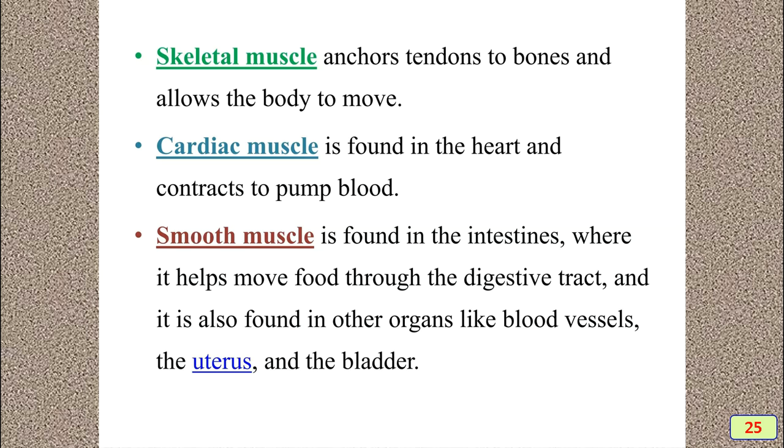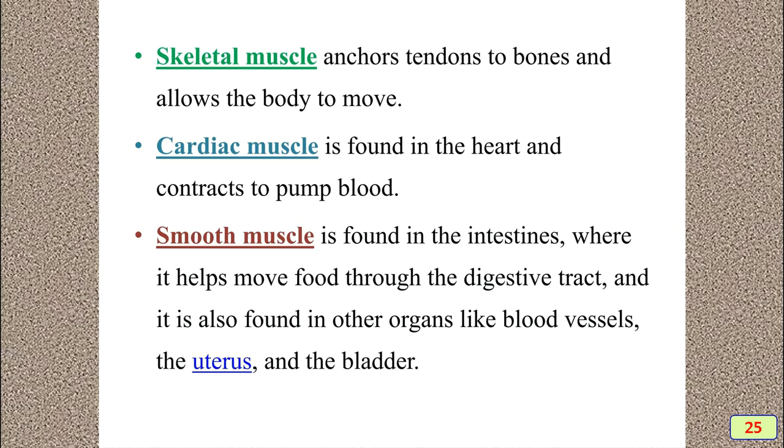They are functioning in the heart, which contracts to pump blood to the entire organ. That's why the cardiac muscles are a very special type of muscle.